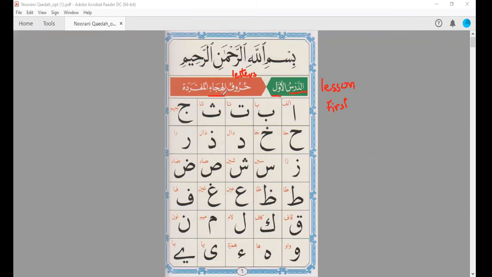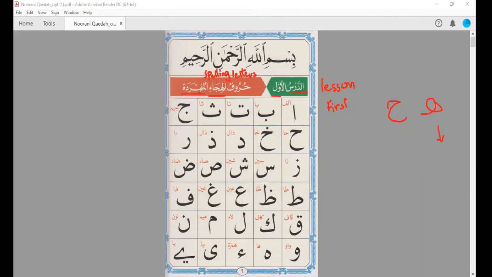Ha and ha are separate. This ha is slightly squeezed throat and airy, a bit more airy when compared to the other ha, which is from the deeper part of the throat. So حروف الهجاء. Letters of spelling. Hija means spelling.